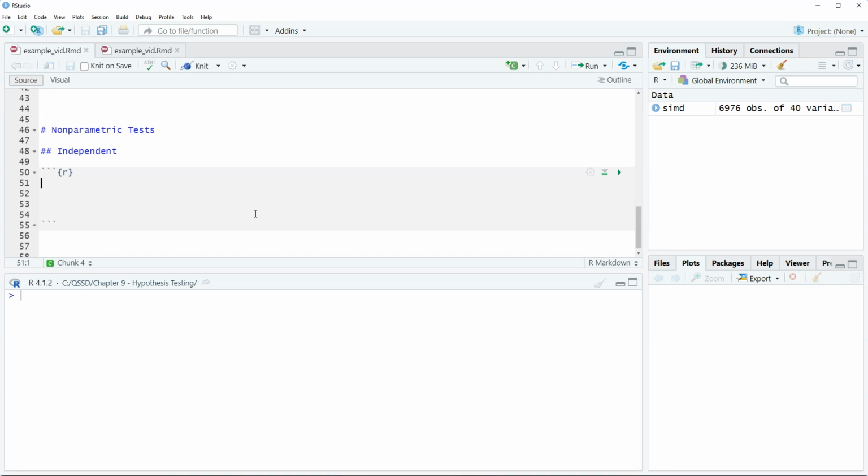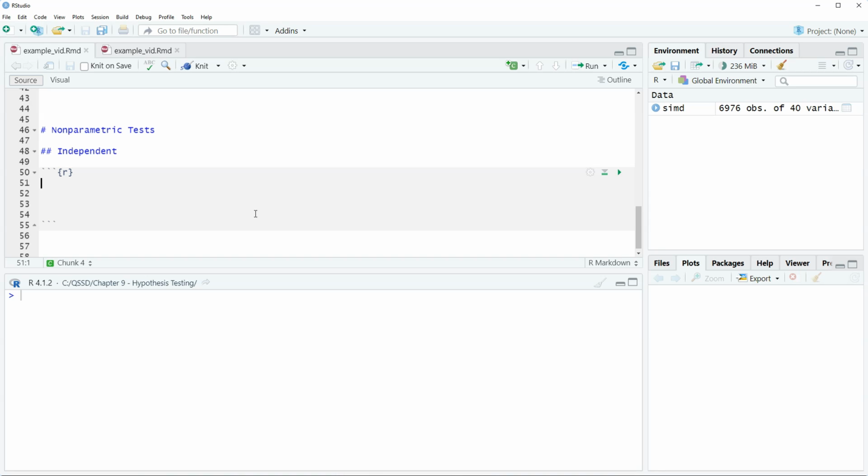In the real world, our data often doesn't look like that, and so we might get violations of those assumptions that cause problems with our tests. Non-parametric tests are ways around that, where they don't necessarily assume a particular distribution a priori.